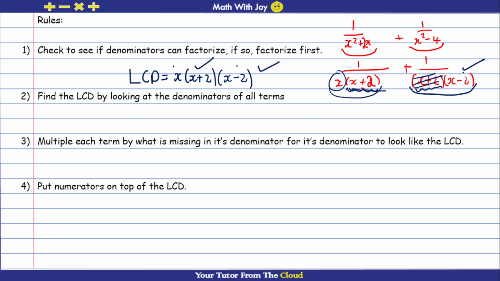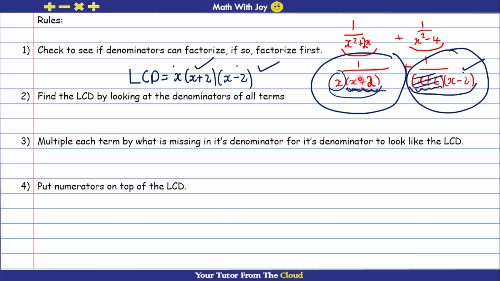The third thing that you'd have to do is you need to multiply. Each term, you multiply this term and the other term with whatever is not in the LCD. So I'm going to look at this denominator and I'll say, well, I have an x and a bracket x plus 2.